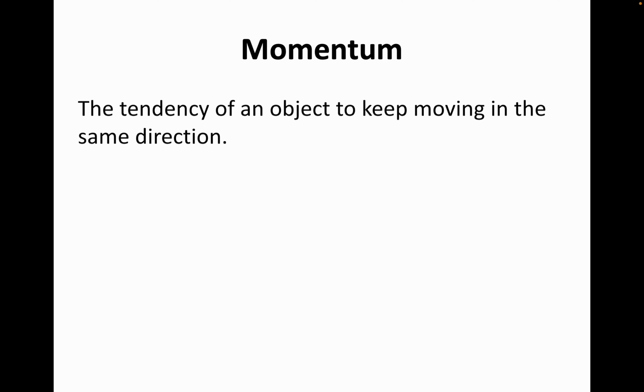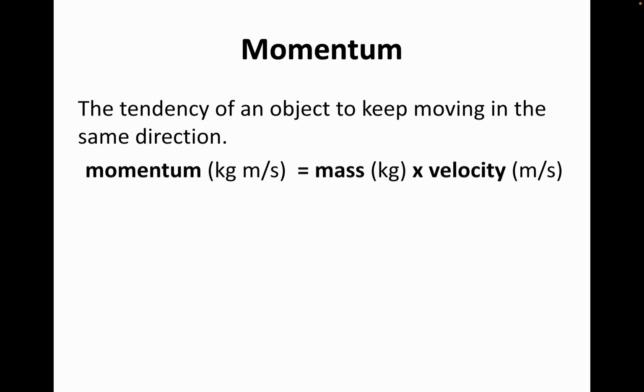When you have momentum, to change your momentum, a force is required. So the bigger the momentum, the more of a force is required to change your momentum. And this kind of goes along with Newton's first law. So an object with high momentum will be more difficult to deflect or slow down than an object with low amount of momentum.